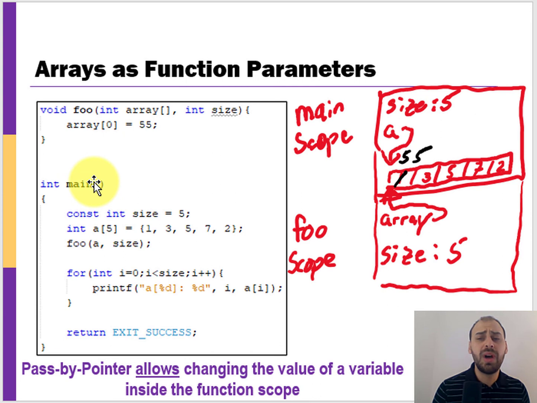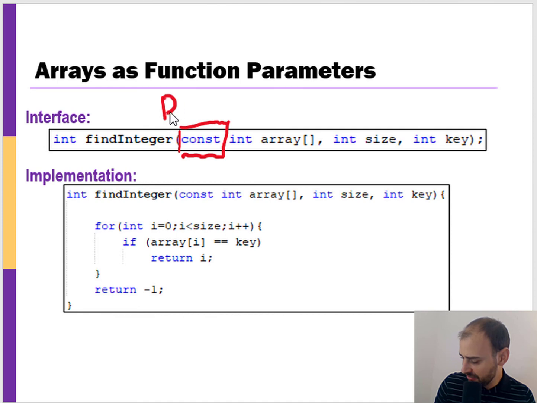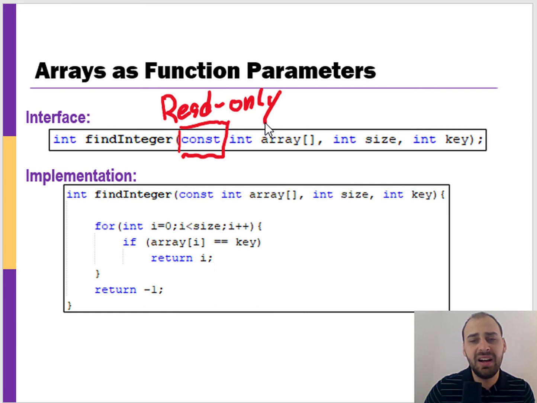So I'm going to show you a couple of ways we can address this. One thing we can do is make the array read only inside of the function scope.